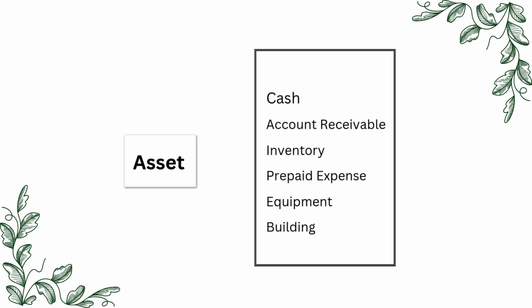Remember, listing asset components is not by personal interest, and you have to list them from the most liquid one to the less liquid one. Like cash, we put it on top of the list because it is the most liquid asset a company has, meaning you can access it as soon as possible or on demand, like banking accounts.